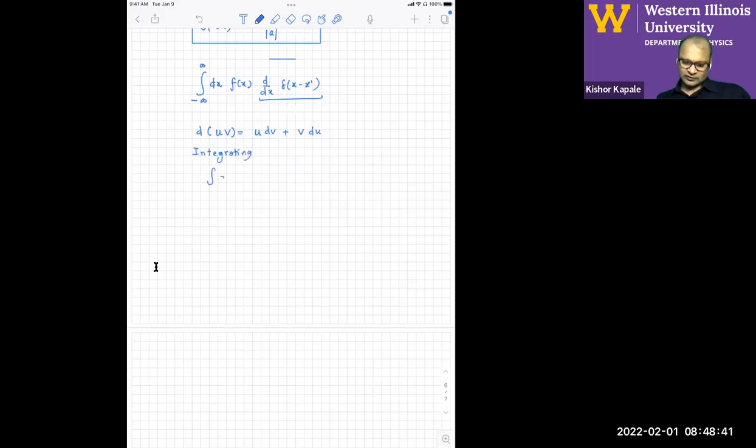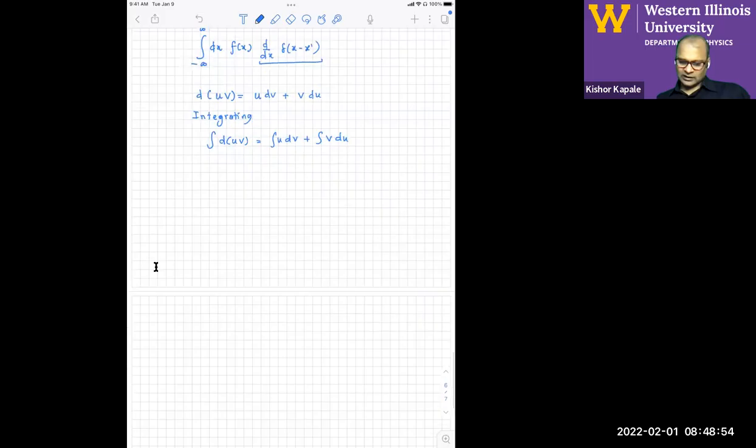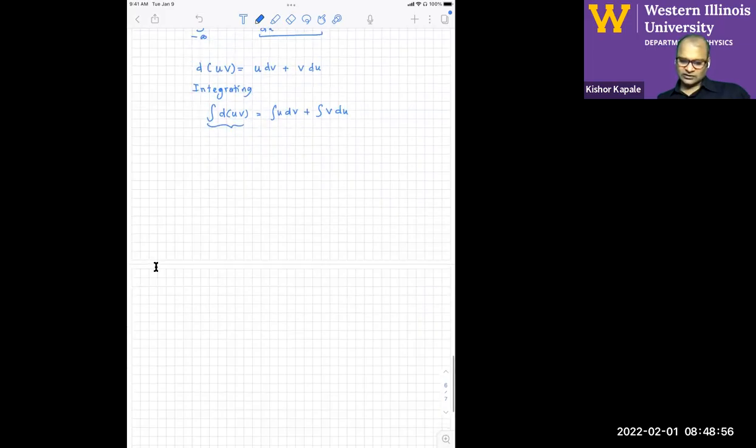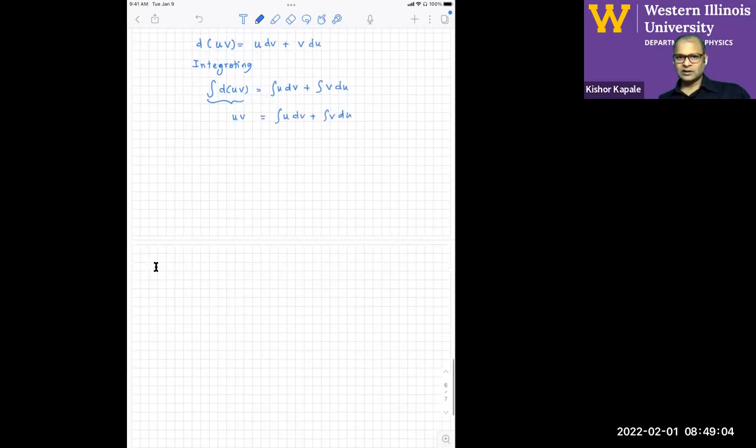So integration of d(uv) equals integral u dv plus integral v du, right? And these two parts are opposite of each other, so you're just going to get uv back, equal to integral u dv plus integral v du, right? So that's something that's very easy to see.